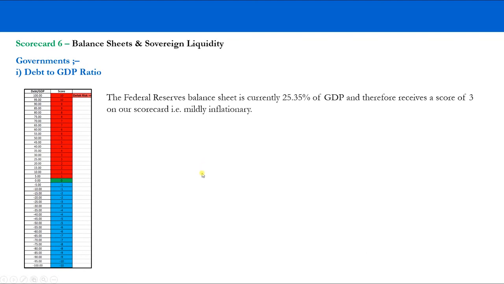And the Federal Reserve's balance sheet is currently 25% of GDP, and therefore receives a 3 on our scorecard, so mildly inflationary.